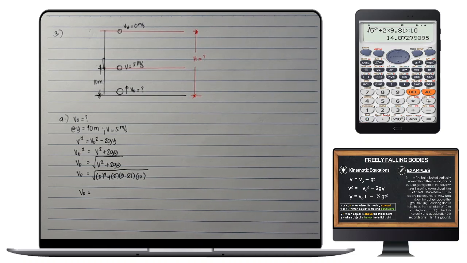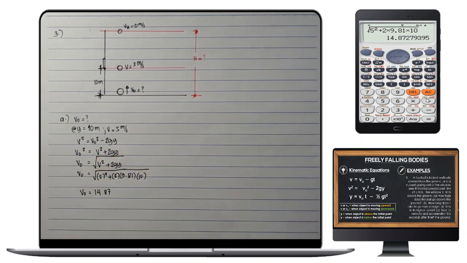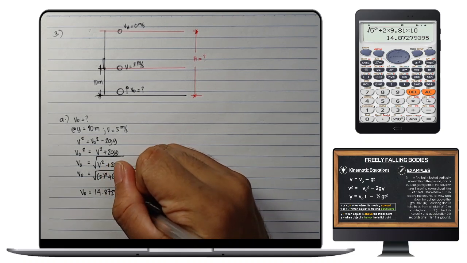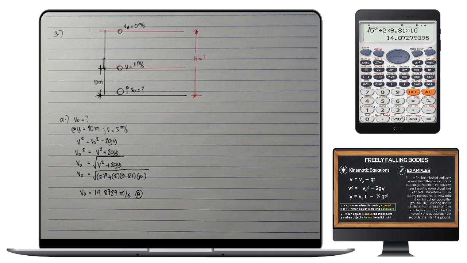Equals 14.87 meter per second. So, ilagay natin sa storage location A. Store lang natin to. So, let's shift store A.